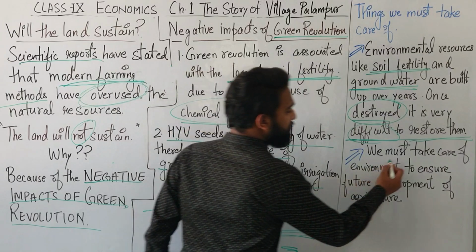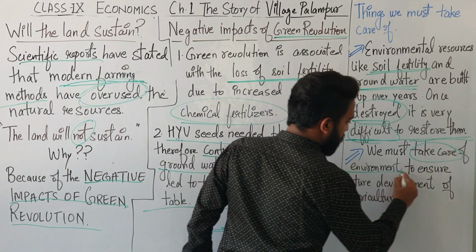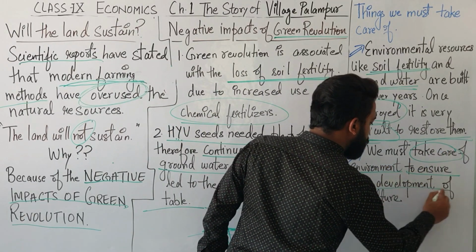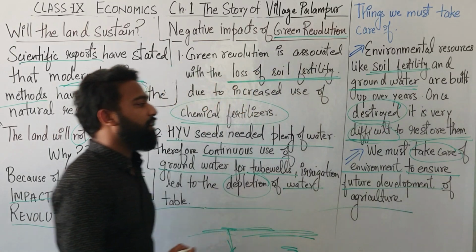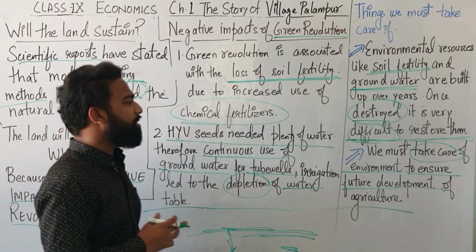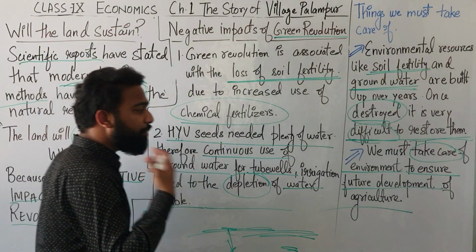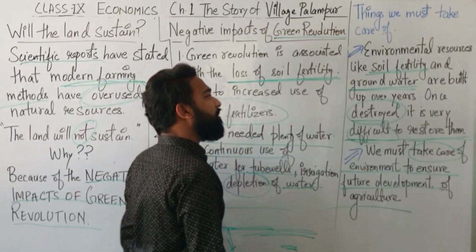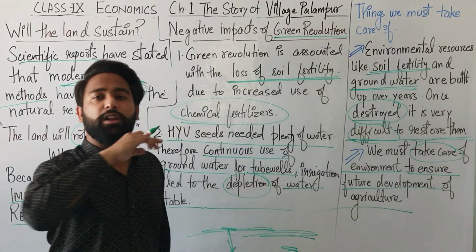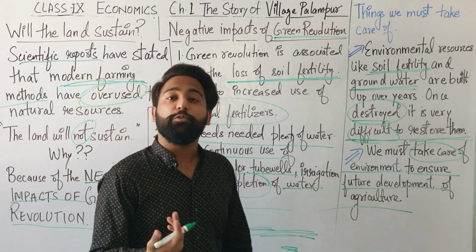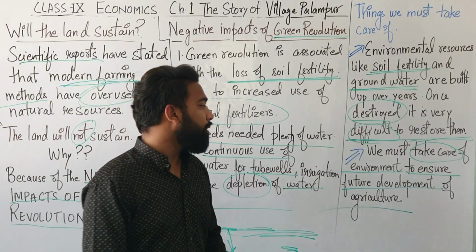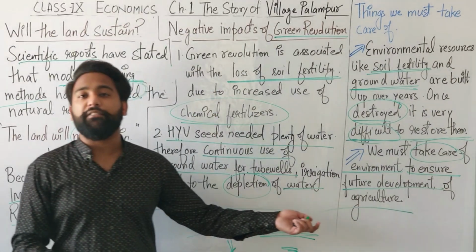Now, we must take care of the environment to ensure future development of agriculture. If all the soil fertility is gone, how will we do agriculture in the future? We won't be able to have agriculture.